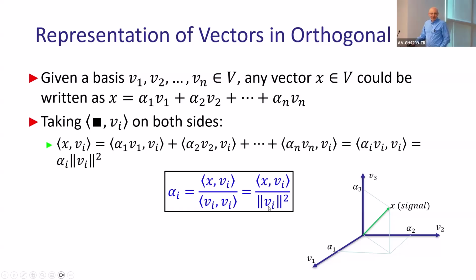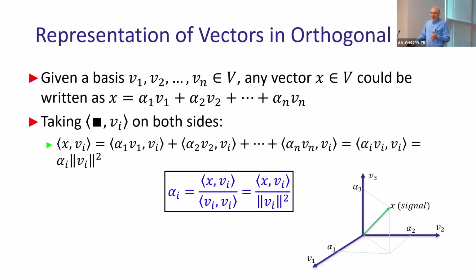That's it. So this idea is practically the basis of all of signal processing. That kind of formula, that you can compute these coefficients just by projecting onto each one of these vectors and normalizing by the norm, just dividing by the norm of that basis vector. And it would be great if that basis vector had norm 1. It would be even more convenient.